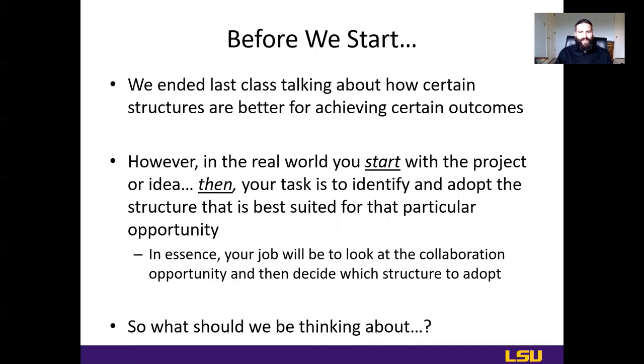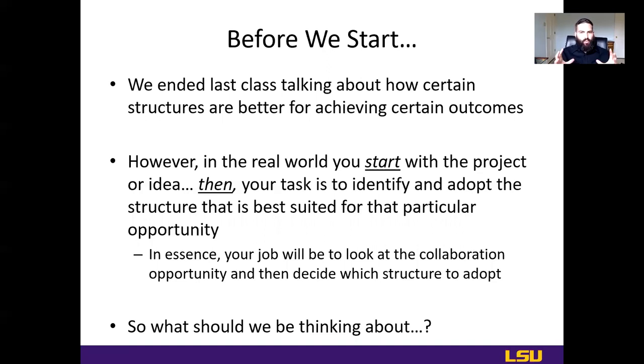However, in the real world, when you're the decision makers, you start with the project. You start with an idea. And then what you need to do and what your value is to the company is knowing how do I identify which structure I should adopt.